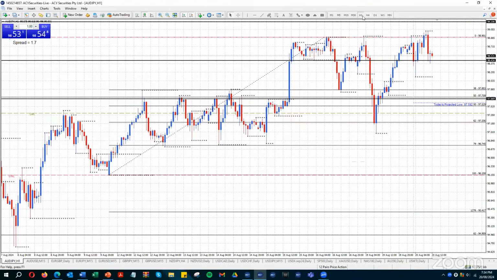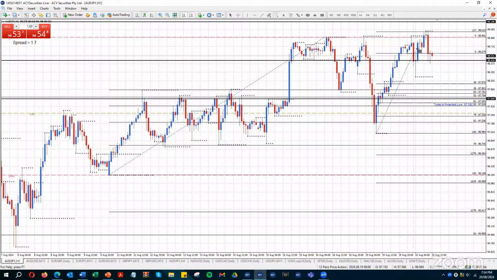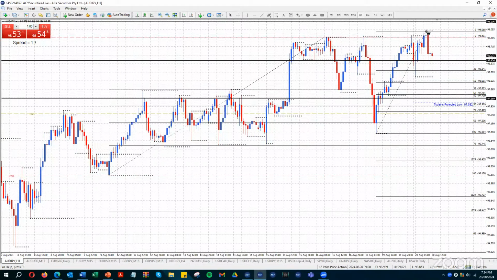On the 1-hour chart, we've had this overall move up there. You could just monitor to see if we trade back down to 97.66, which is in between the 62 to 79% area of this range.